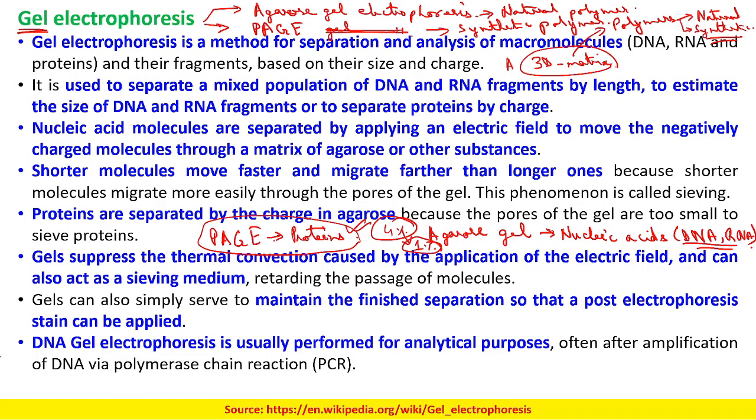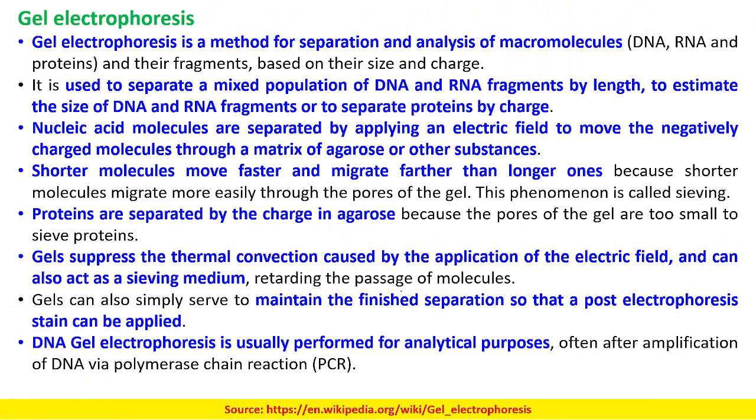Now how does it happen? When you talk about gel electrophoresis, as I told you, we need a polymer matrix. So what happens in agarose gel electrophoresis? We have agarose, which is a naturally available biopolymer.